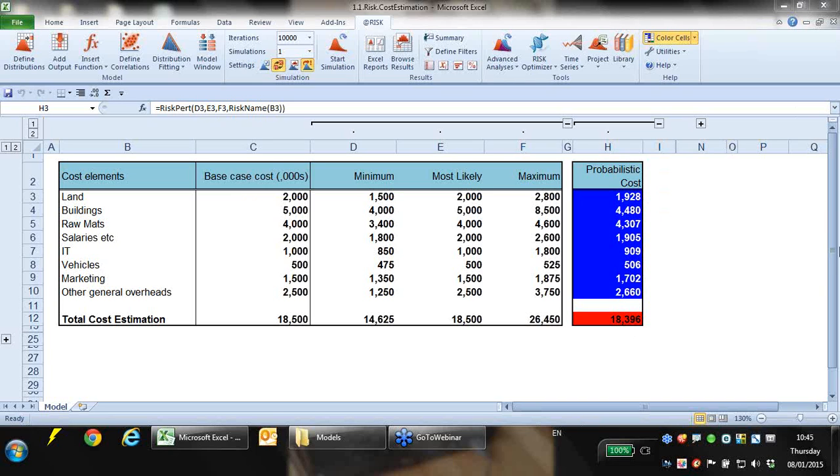Just as when you build up your own Excel models for cost or risk registers, you need to build that model yourself, and @RISK functions in that way.